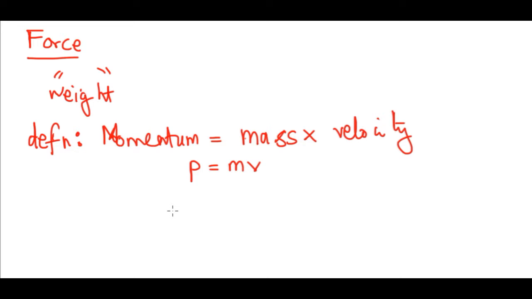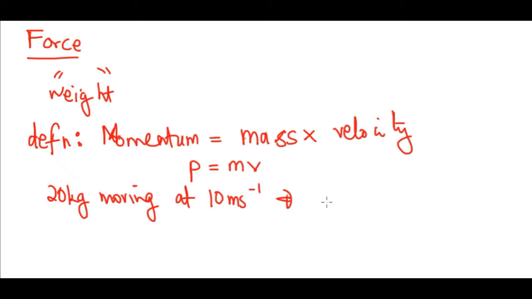When something is moving with a velocity v, and it has a mass of m, the momentum is given as m times v, right? So a 20 kg object moving at 10 meters per second will have a momentum equal to 20 kgs, because kg is the SI unit for mass, times 10, which is the SI unit for velocity.